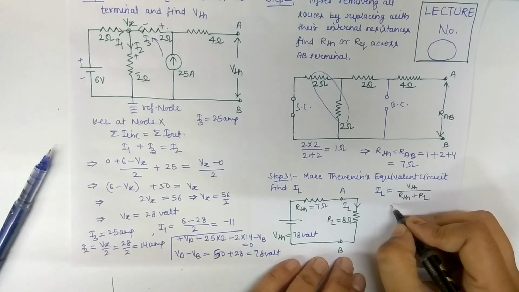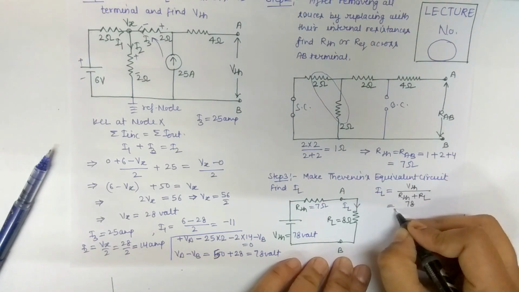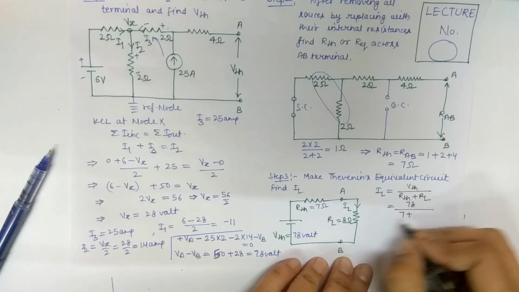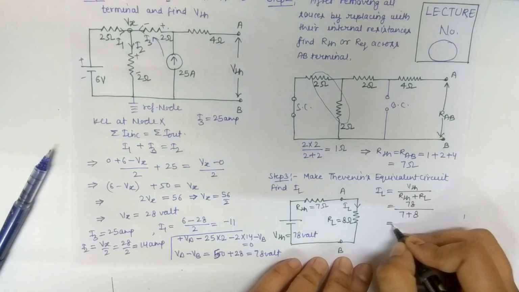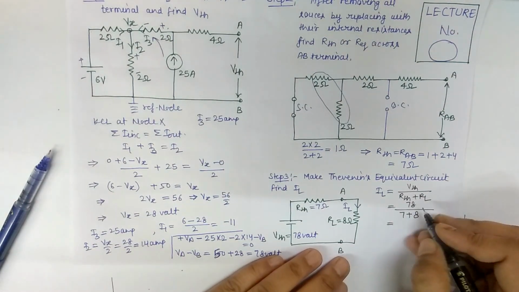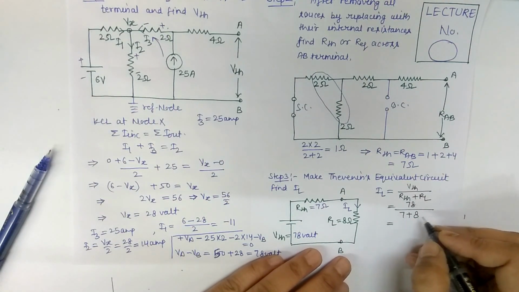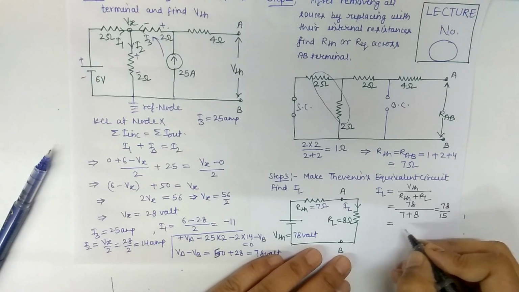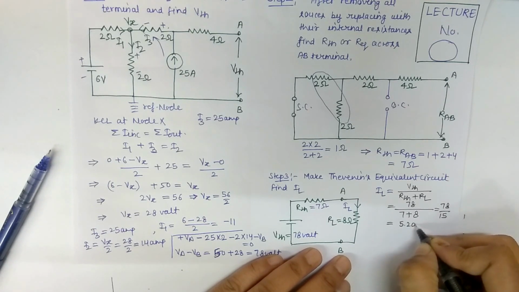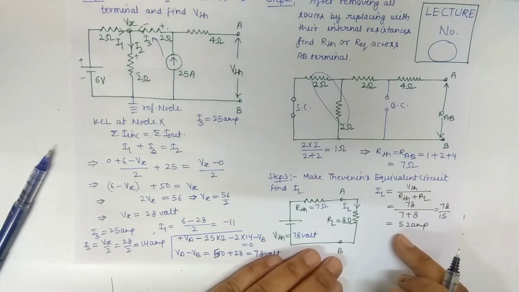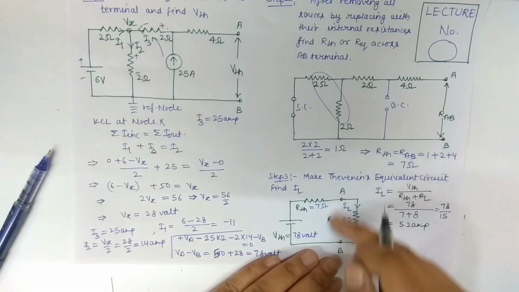The value of VTH is 78 upon RTH 7 plus RL 8. So we find 78 upon 15, which comes to 5.2 ampere.